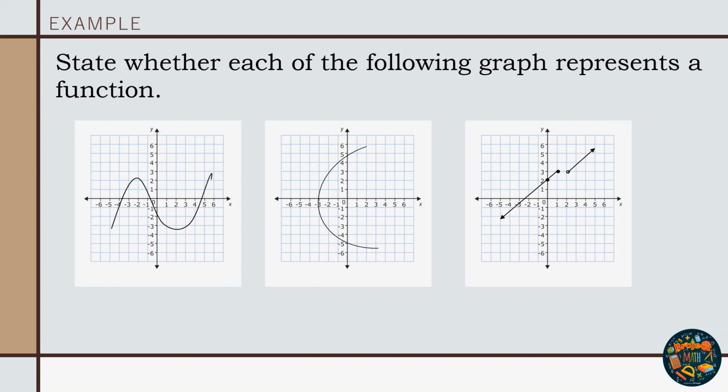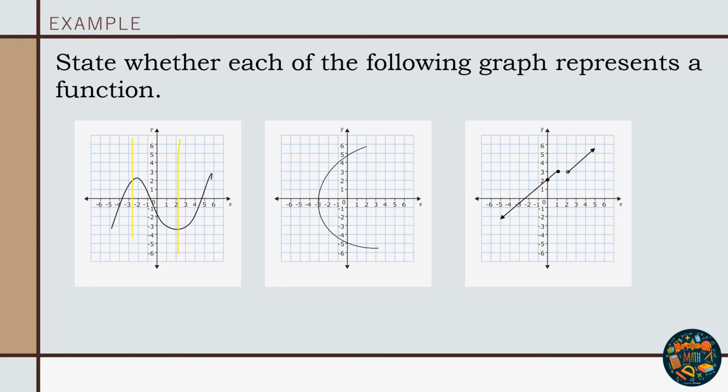Let us consider the following graphs. State whether each of the following graphs represents a function. Let's say, on the first graph, if we are going to try to draw a vertical line, how many times does the vertical line pass the graph? Yes, it passes only once on the graph.